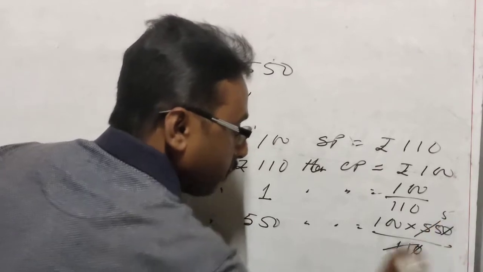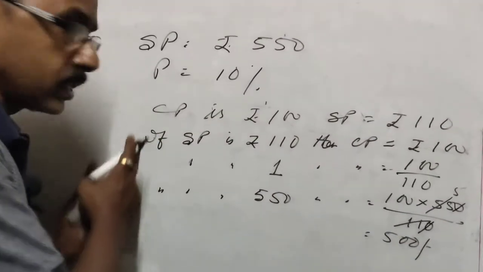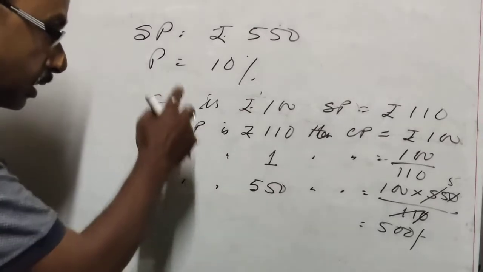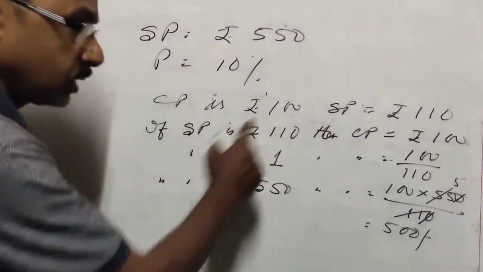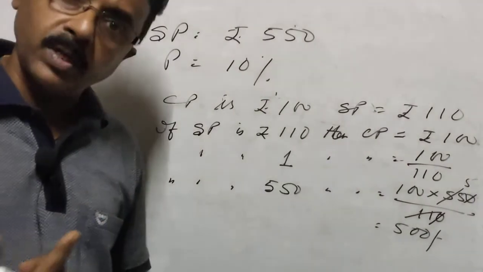It is 5, so 500 is the cost price. So when the selling price is given, then we can find out the cost price by assuming CP be 100, then by the unitary method.